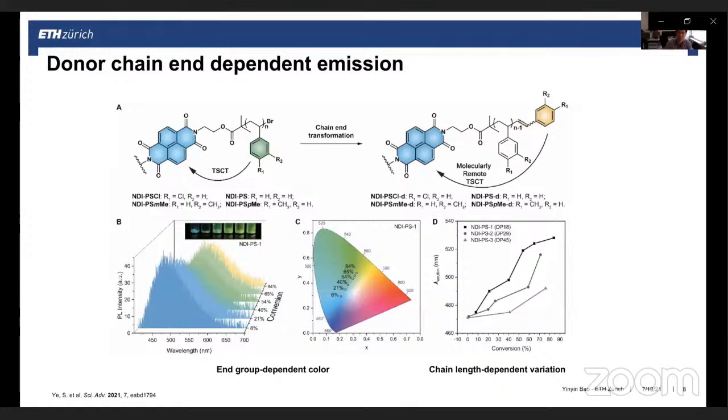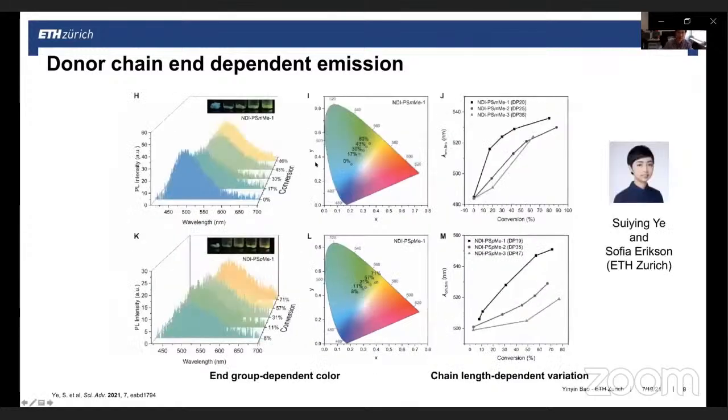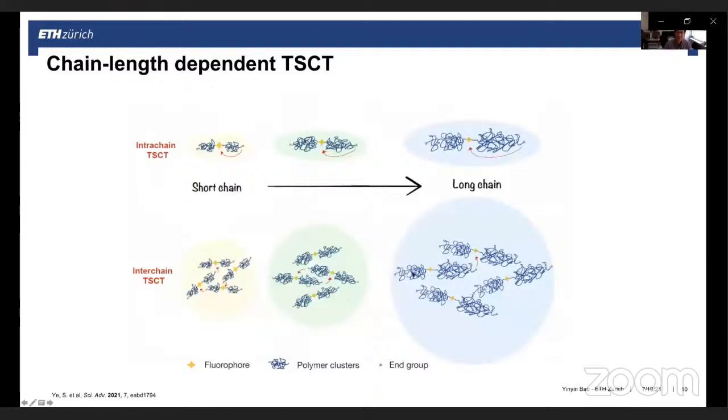This is reasonable. Then we also investigated other systems, and we also observed similar phenomena. With increasing end group conversion, we can see more significant emission color change, and this change is dependent on the polymer chain length because of this through-space charge transfer. This is not difficult to understand.